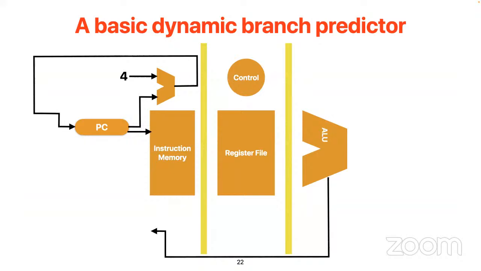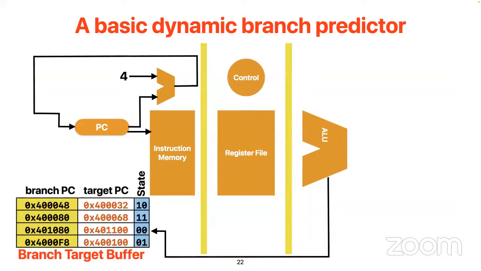The basic idea is that we maintain the target address, which typically you have to get through calculation, and also a mapping table between a branch PC and its target, so that whenever I meet this program counter, this is probably the target.